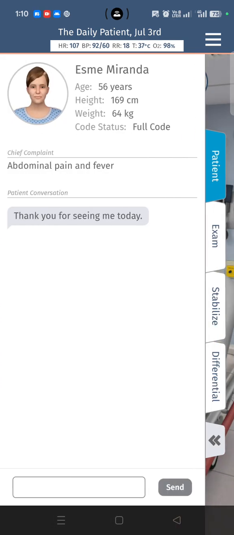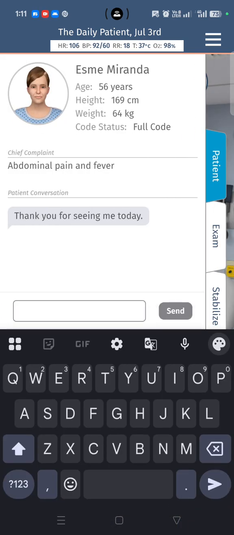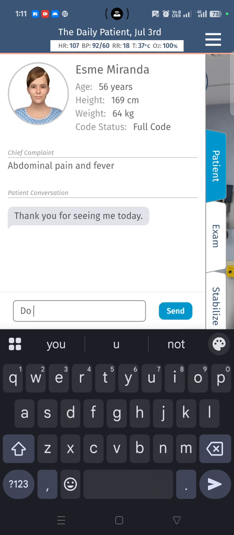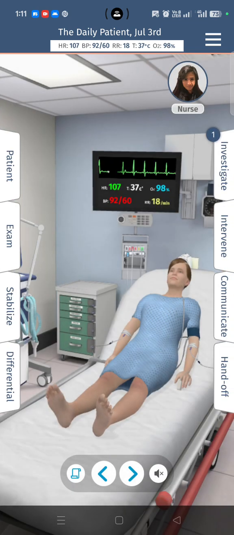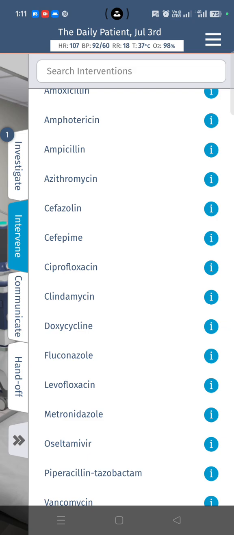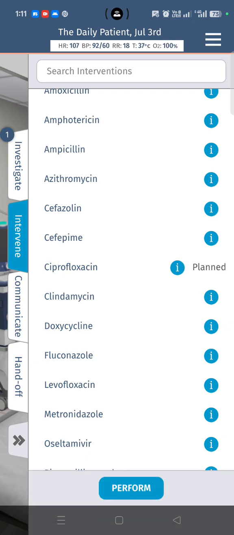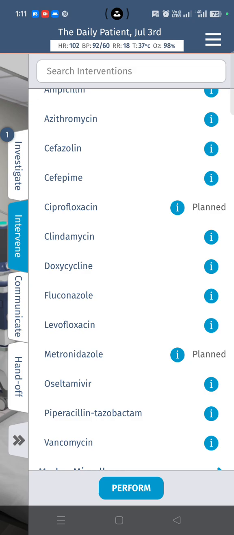Before starting, we should ask the patient if they have any drug allergies. So in this case, we cannot use any beta-lactam antibiotics. So we can choose ciprofloxacin and metronidazole to cover gram-negative bacilli.